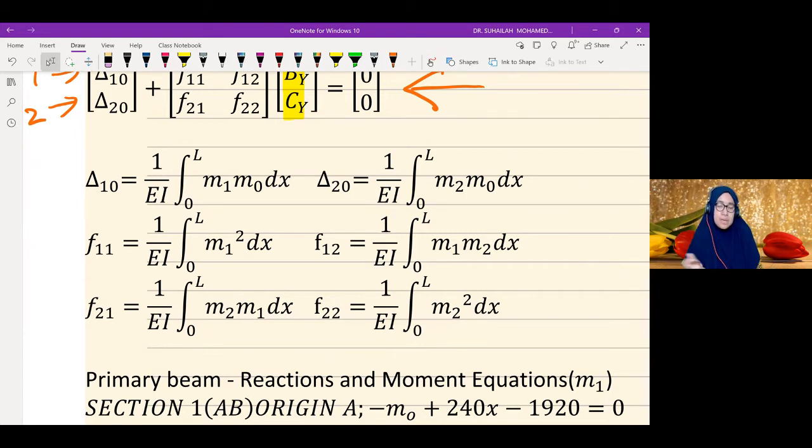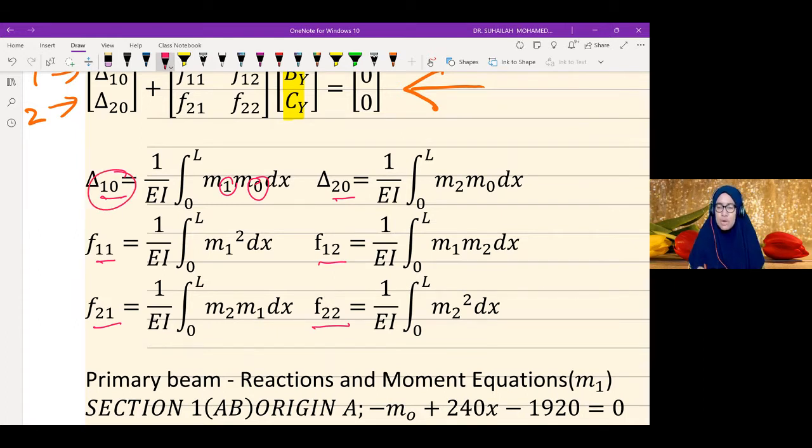Okay, which system. For example, we have label 1 knot, we have label 2 knot, we have label 1 1, label 1 2, label 2 1, label 2 2. So for the moment equation that we need to integrate, we just need to refer to the notation 1 and knot. Same to this.